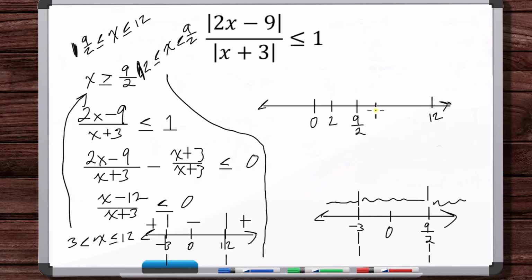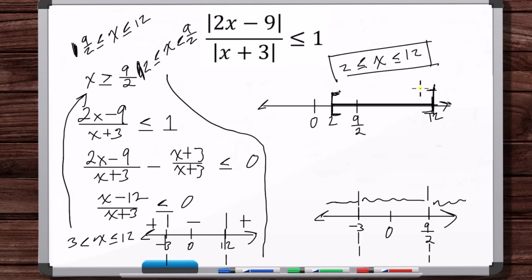So x is less than or equal to 12, greater than or equal to 9/2, or x is greater than or equal to 2, less than 9/2. Well, that matches up like this. x is less than or equal to 12, greater than or equal to 2. That's the solution to this inequality.